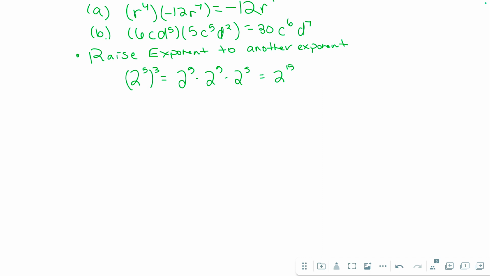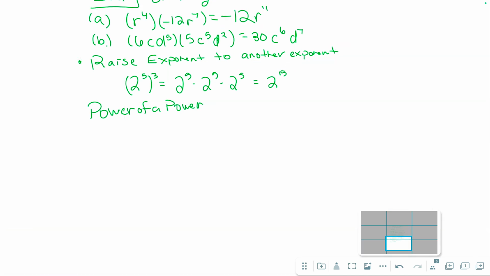So this is called power of a power. This is where if I have a raised to the m raised to the n, it is a raised to the m n. Okay?